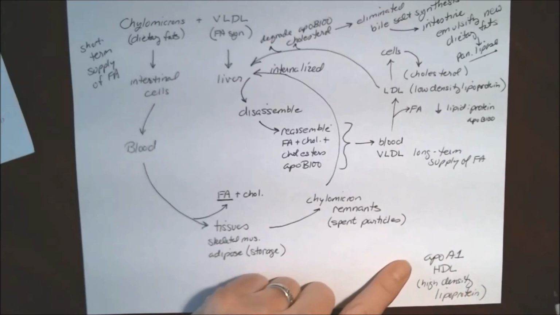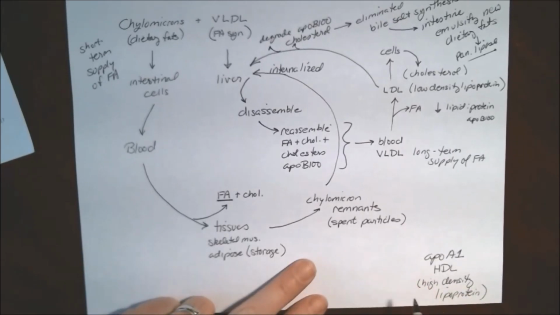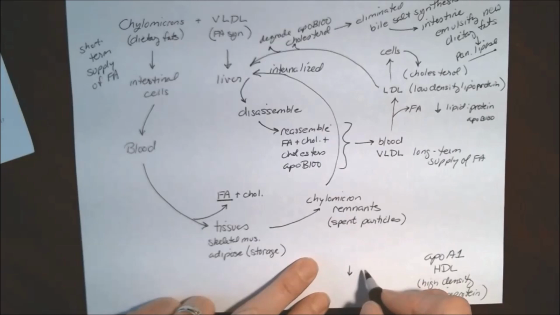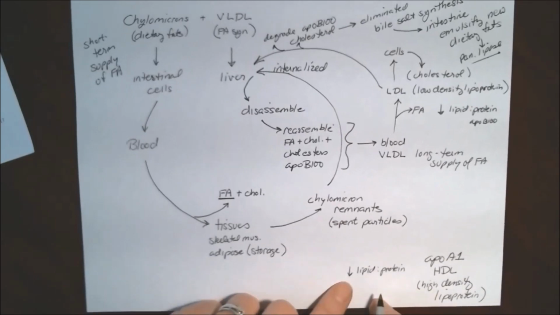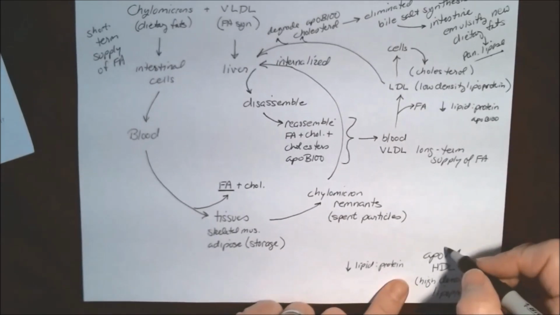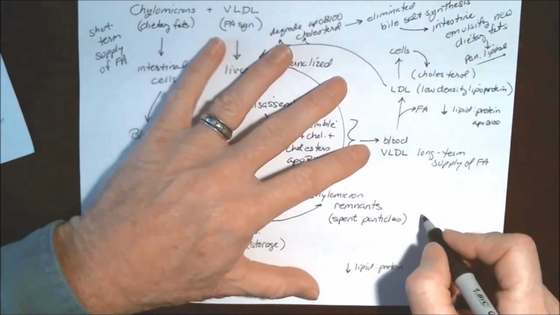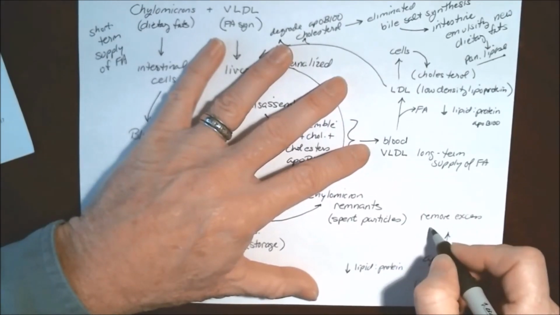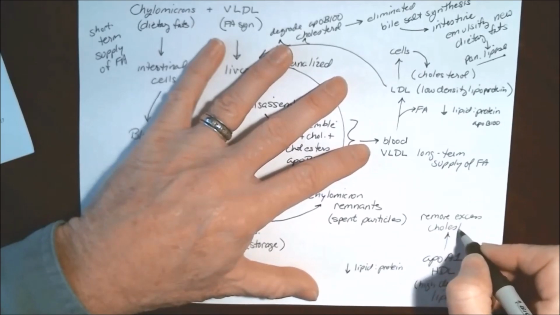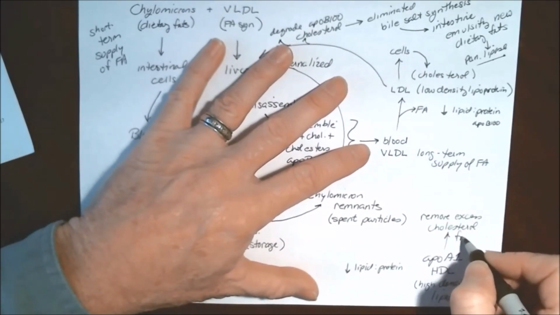Now the HDL is high density because it has a very, very low lipid to protein ratio. The primary function of HDL is to remove excess cholesterol from cells.